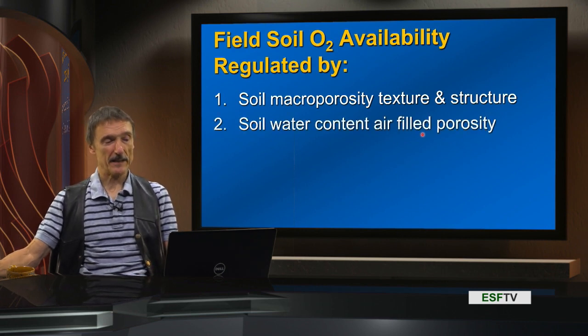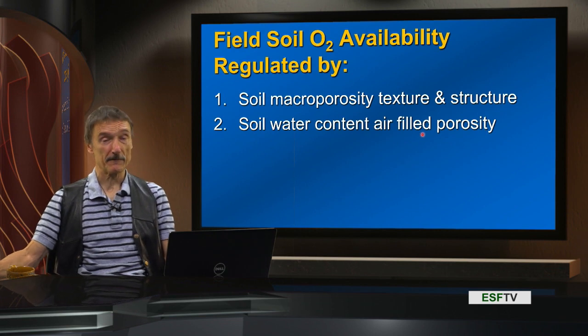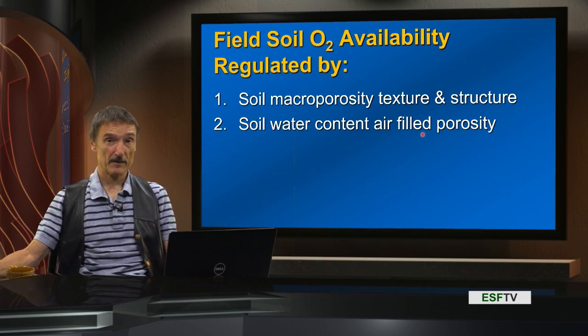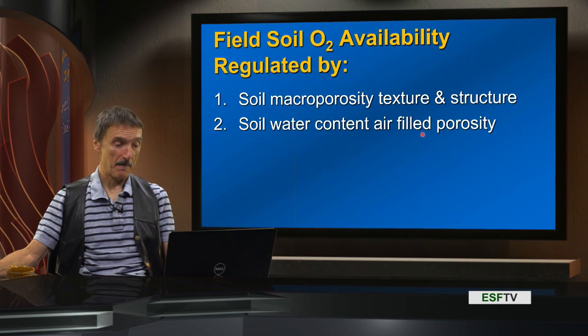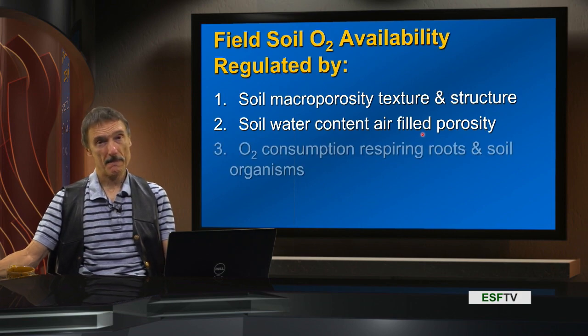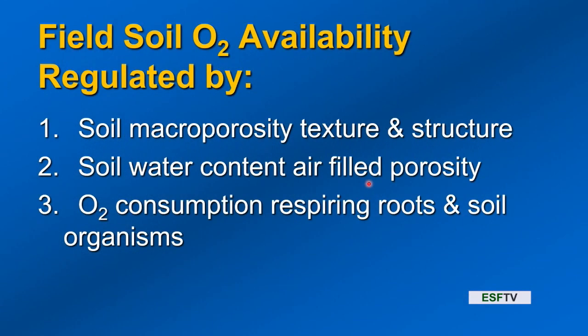The second part of that is the water content, or air-filled porosity. How much water versus how much air? Those two things shift: in a pore, there is either water or air. The third thing is consumption. Oxygen is being consumed, and at the same time respiration is taking place and CO2 is being produced.